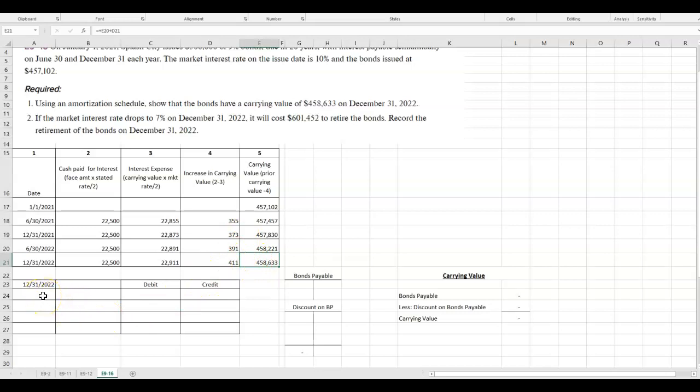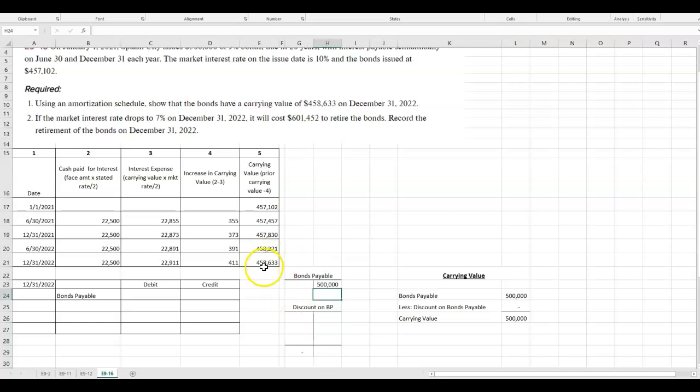We know that we're going to debit bonds payable for $500,000 because we have $500,000 in there. Okay? At this point, we have to figure out how much we had in the discount account. So, what did we have in that discount account?